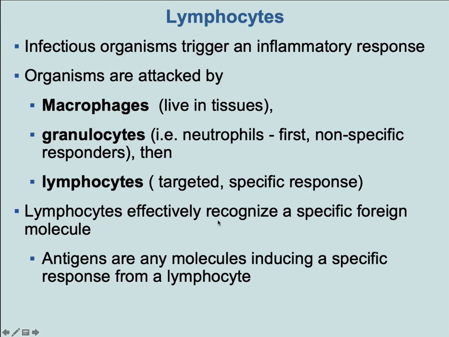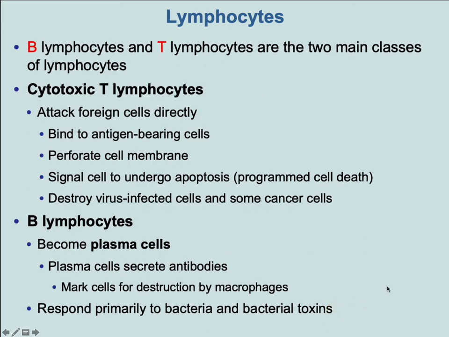The lymphocytes specifically can recognize certain specific foreign molecules. The details of the immune response is something that you're going to learn about in physiology. There are various subtypes of T lymphocytes. The one we're going to address right now is the cytotoxic kind.